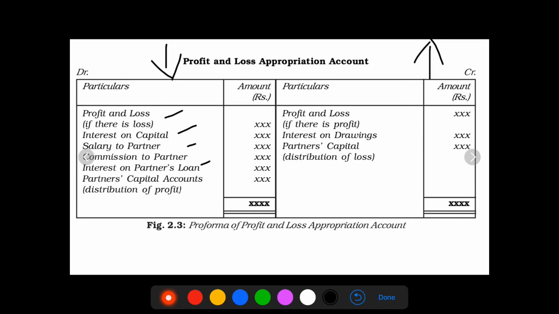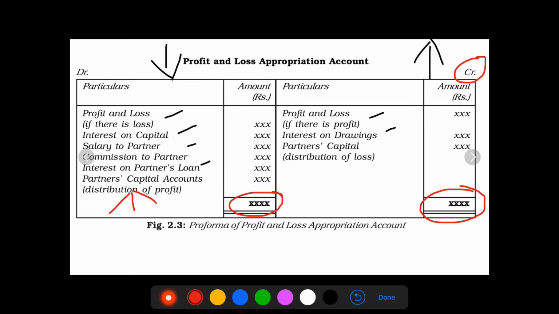On the credit side, the net profit of the firm, interest on drawings. By the end, we will be doing the balancing of accounts. While doing the balancing of accounts, suppose if your credit side is more than the debit side, we will get profit, and this profit is distributed among the partners.